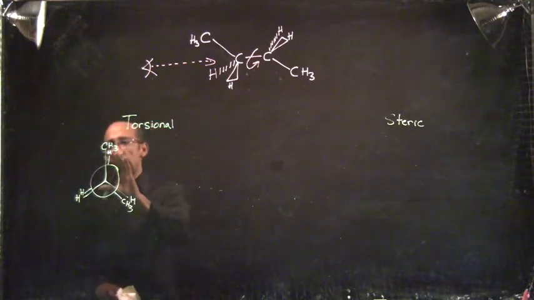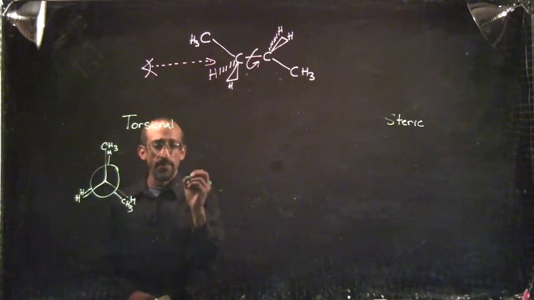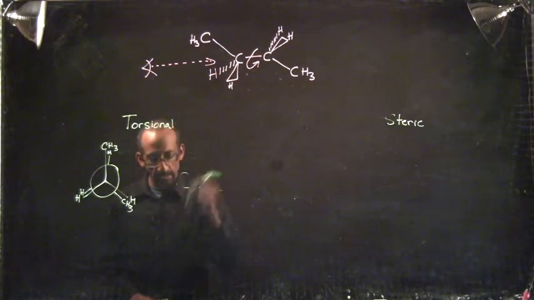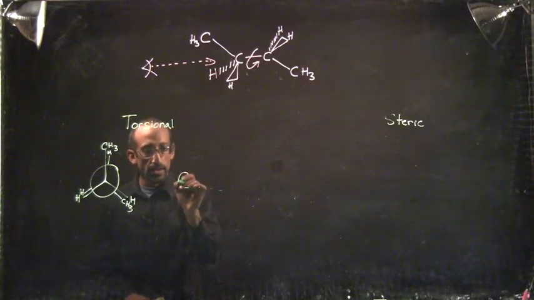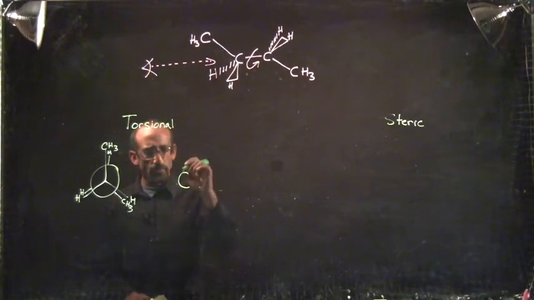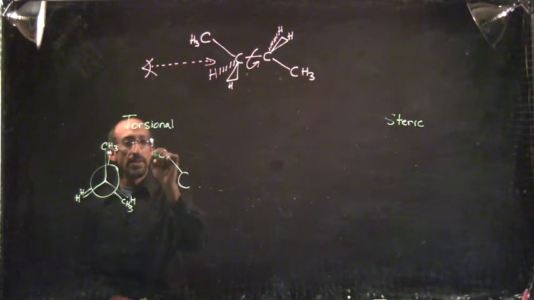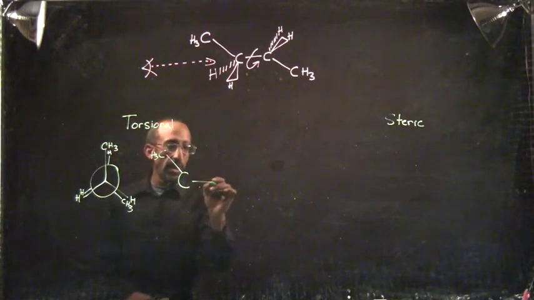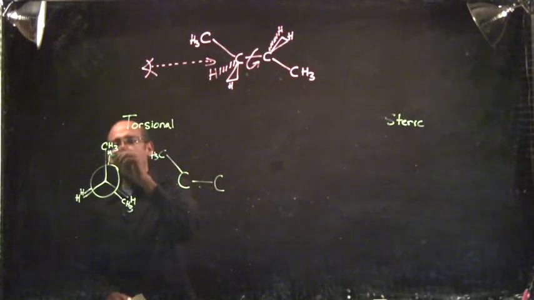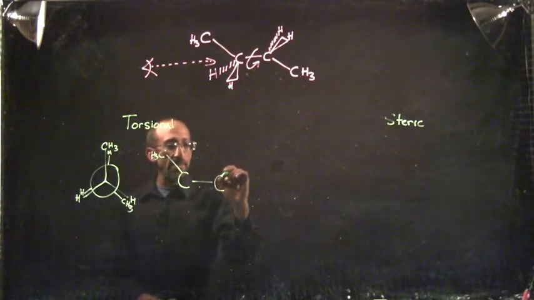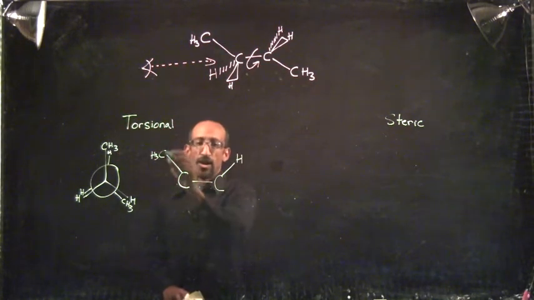So this Newman projection, I'm going to now convert to a Sawhorse projection. Here is our front carbon. I have my methyl group. Here's my back carbon. And now, since this hydrogen is aligned with my methyl group, that means all 4 of these are in the same plane.